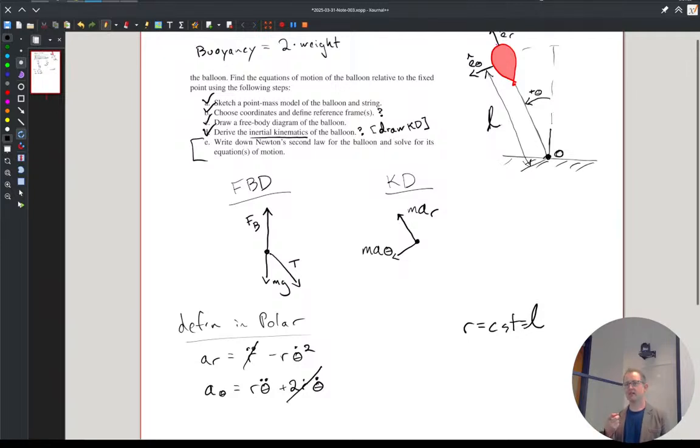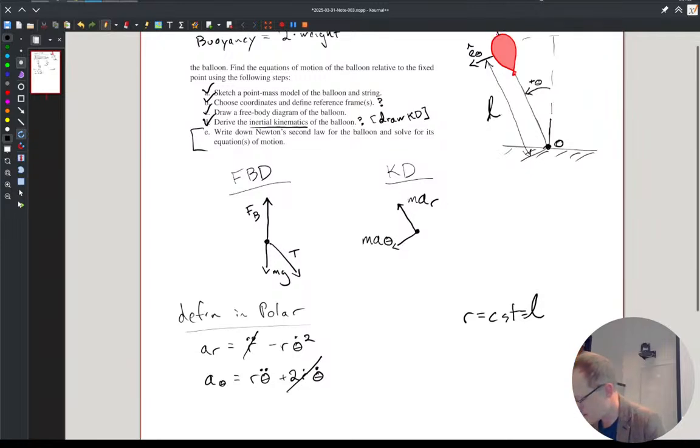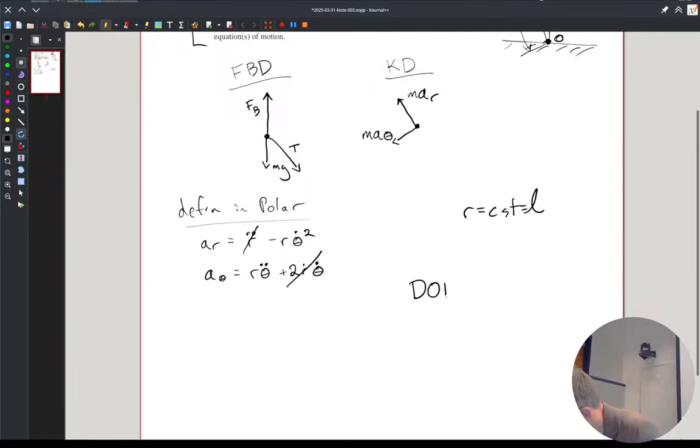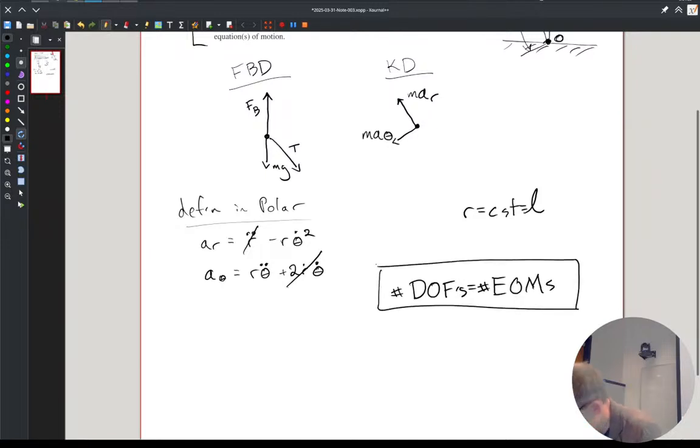1? Yeah, degrees of freedom. That one you should always remember. The number of equations of motion is equal to degrees of freedom. So if there's 1 degree of freedom, we can only have 1 equation of motion.